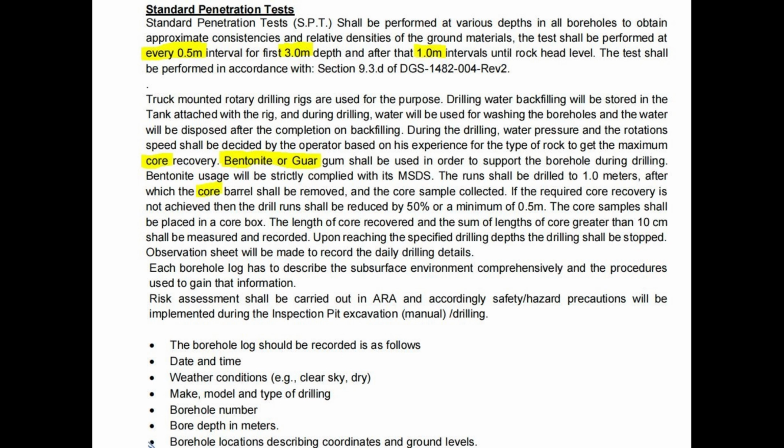The things you have to follow are the date and time, weather condition, make, model and type of drilling, borehole number, bore depth in meters, bore location describing coordinates and ground level.